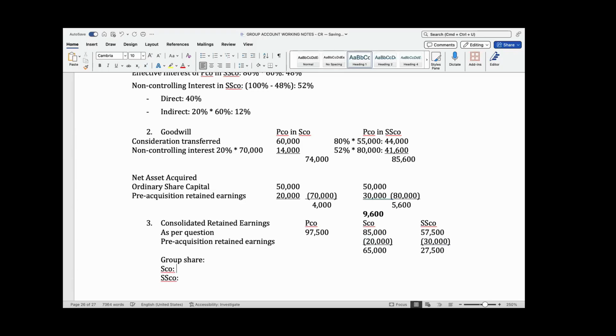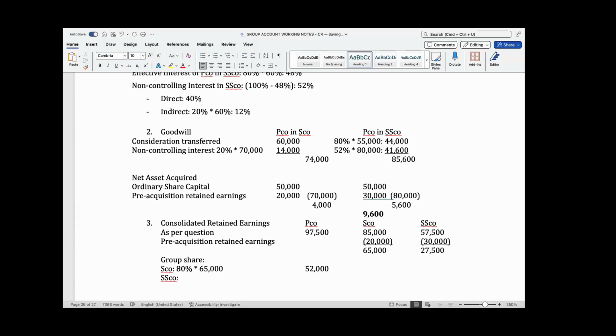Now the group share in ESCO and SSCO. In ESCO, the group has 80% of 65,000, which is the post-acquisition retained earnings. That is 52,000.